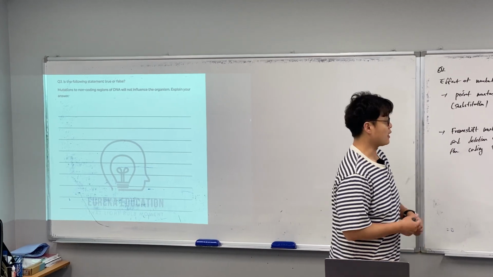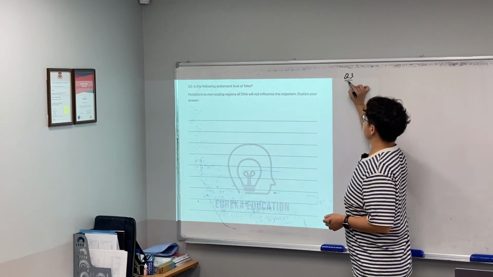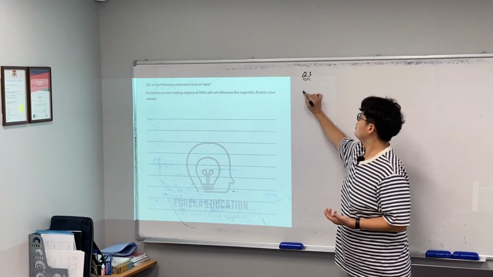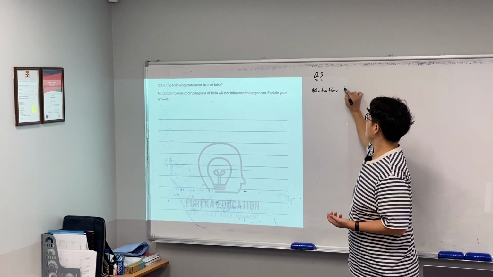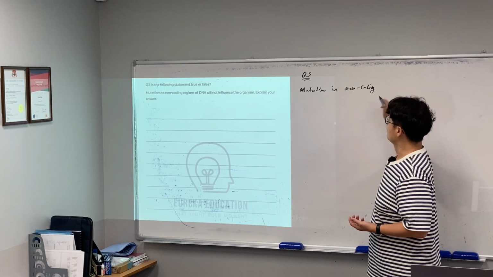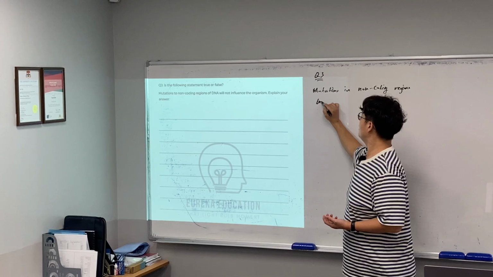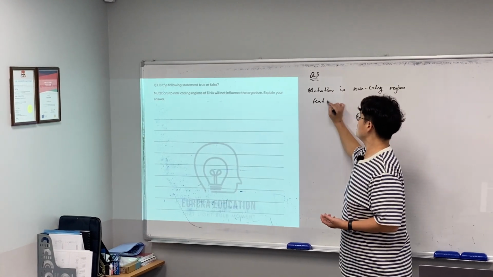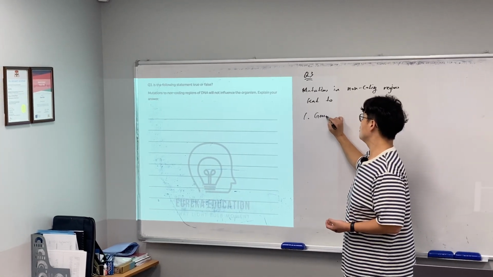But if you wanted to add to question 3, key point 2 going against this statement is that mutations in non-coding regions lead to: 1, as I said, gene regulation.